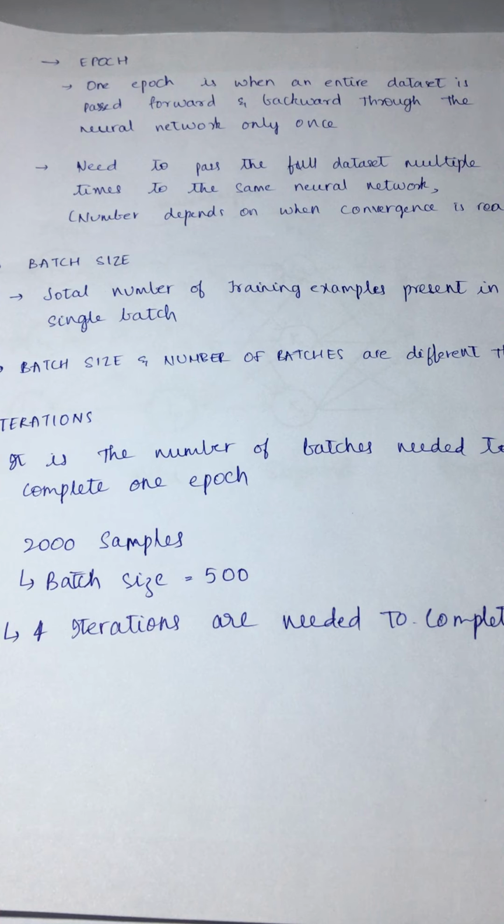You need 4 iterations to complete one epoch. So batch size and number of batches are different things. Batch size is the number of training samples present in a single batch. The number of batches, you can think of as the number of iterations: how many batches are required to complete one epoch.